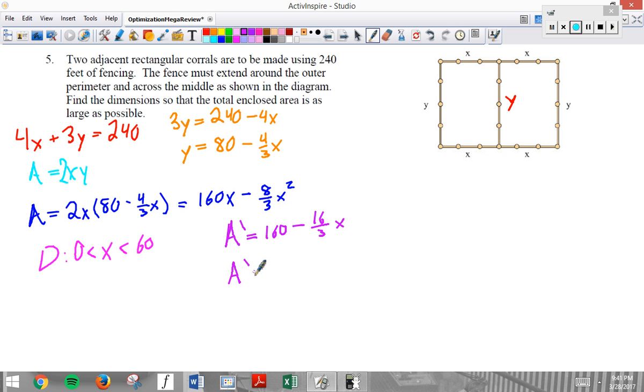A prime equals 0 when x equals 30. Does that make sense? 30 divided by 3, 10. That's not my final answer.